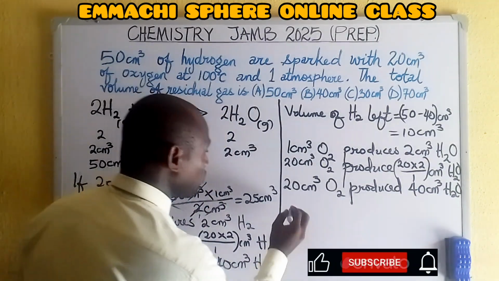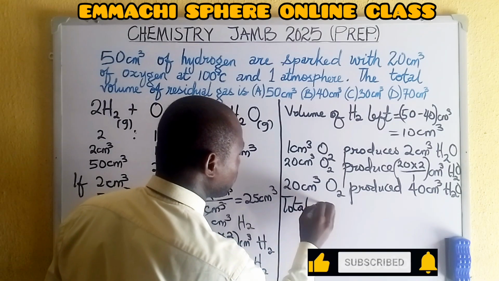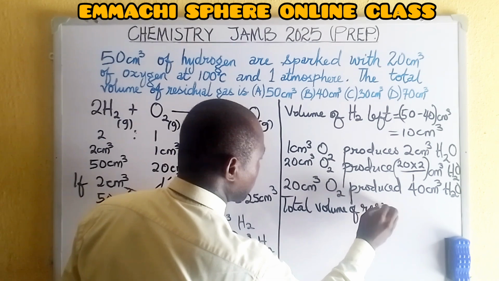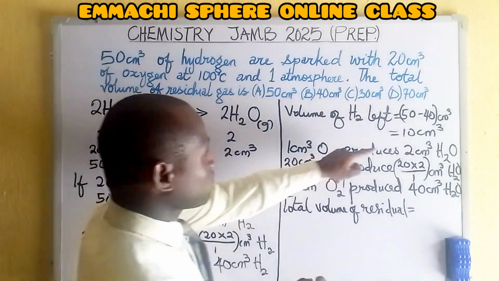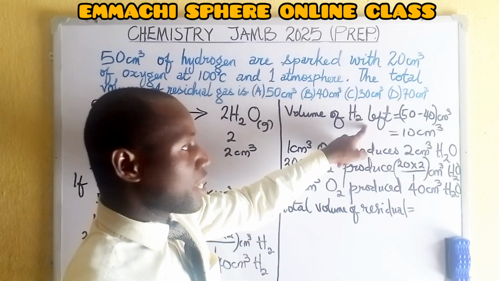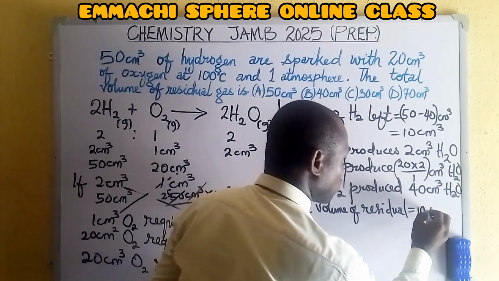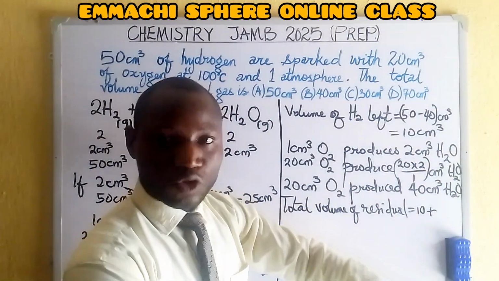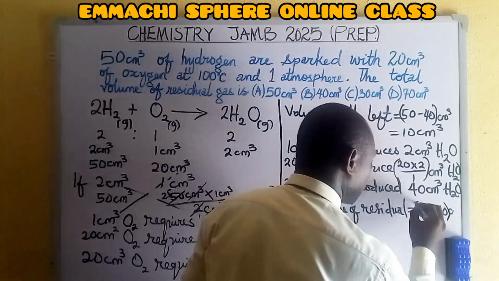So, total volume of residual gas is equal to 10 cm³ of hydrogen gas that was left unused, plus 40 cm³ of the gaseous water that was produced, all in cm³.